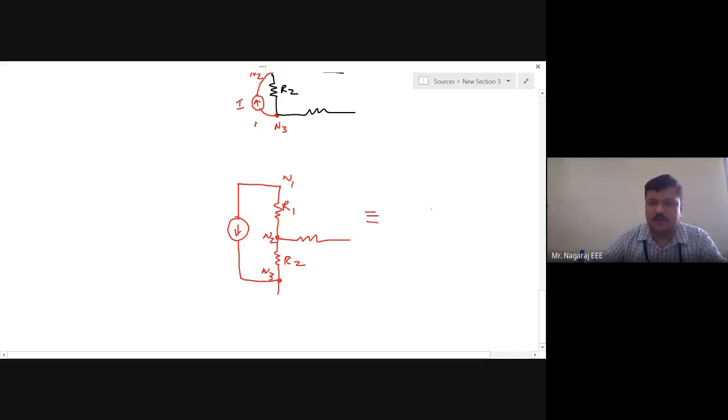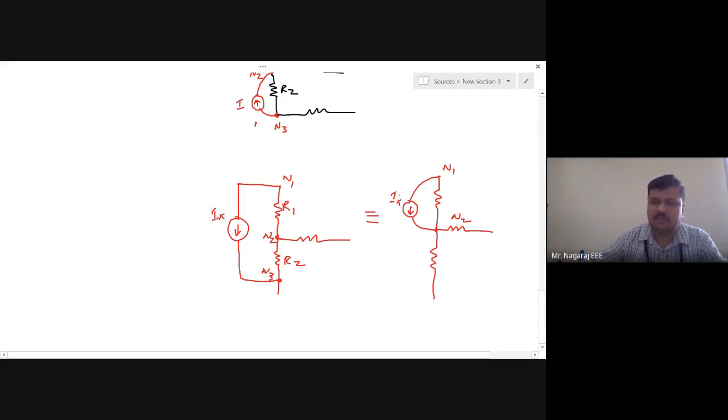So effectively, I can take a current source leaving node N1. Let this be IX.